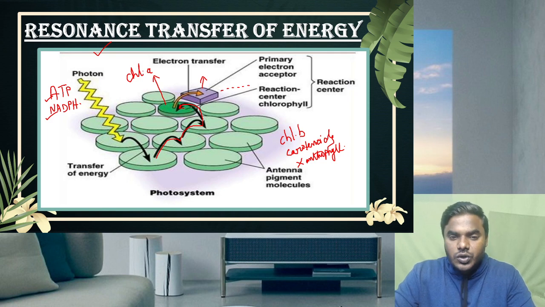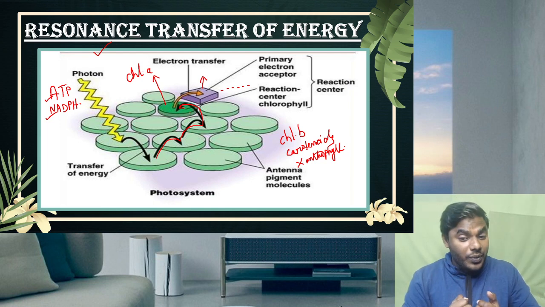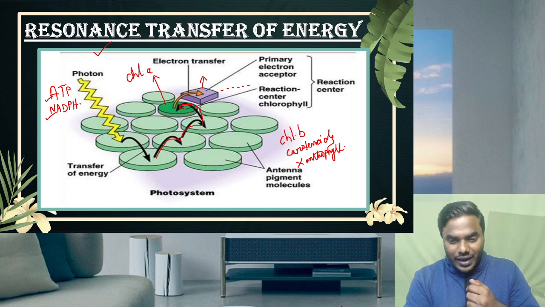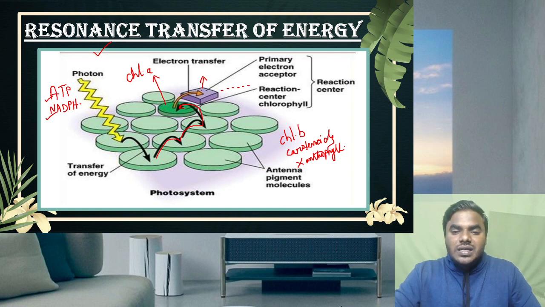Once they pass the energy to the reaction center, it gets excited. Upon continuous absorption of energy, the reaction center gets excited. Once the reaction center is excited, immediately it releases an excited electron.